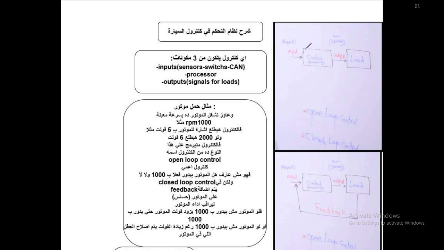Let's say we send 5 volts to this DC motor to rotate at 1000 RPM. This program can generate a suitable voltage to make the DC motor run at 1000 RPM. So we have inputs, we have a processor, we have outputs.